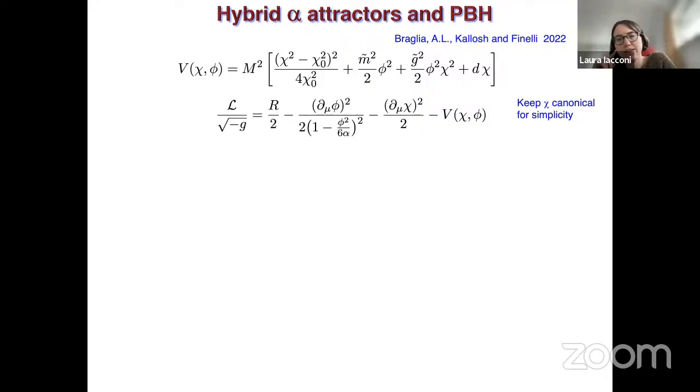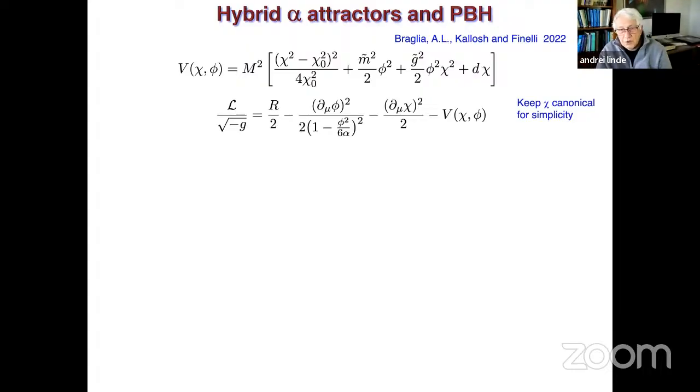So this is different from multi-field alpha attractors. After you've done the canonical normalization for the phi field, the first line shows you, you do not see here the kinetic term.